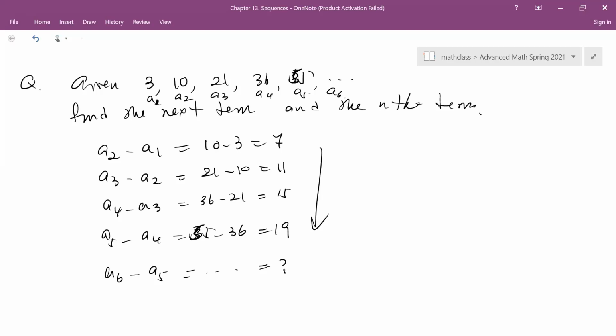And Kelvin, how do you get a smaller number as the next term? Right, it's increasing, right? 3, 10, 21, 36, 55. So the next term cannot be 23.